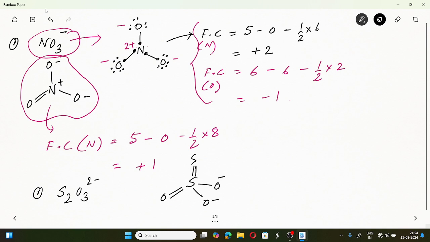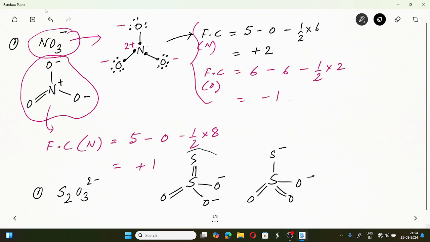So we can write this structure also. We can write the structure like this. Both the structures are correct. Both the structures have been observed.